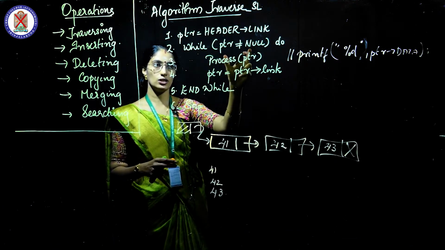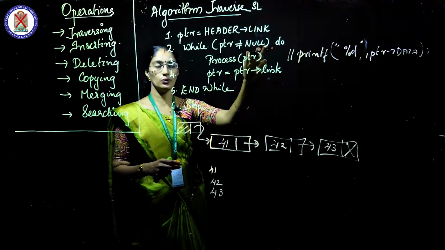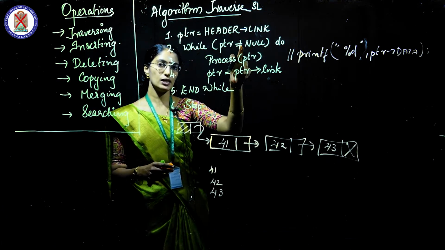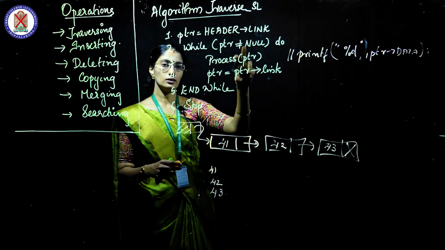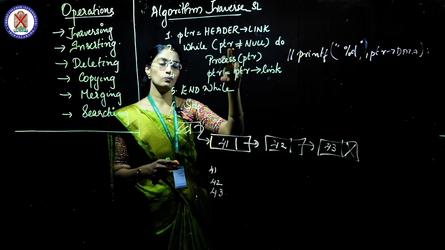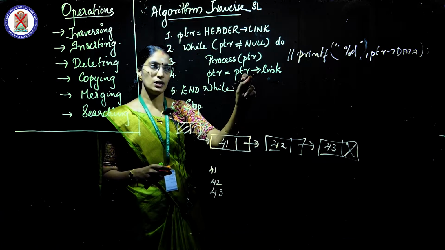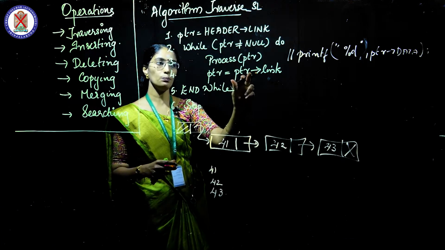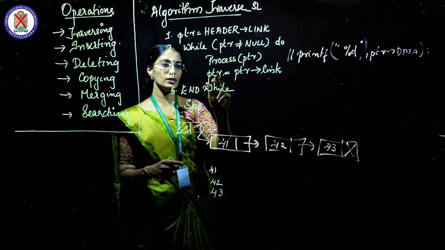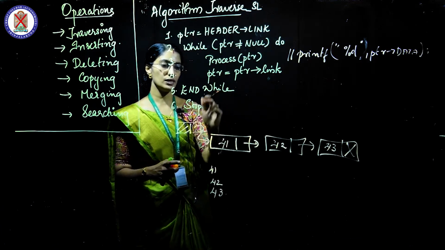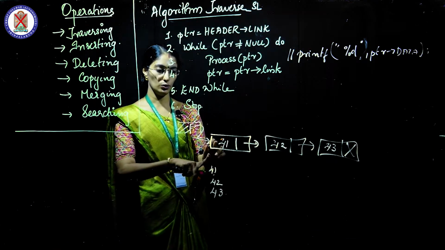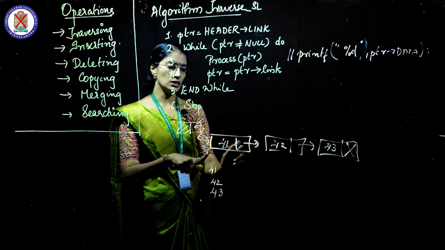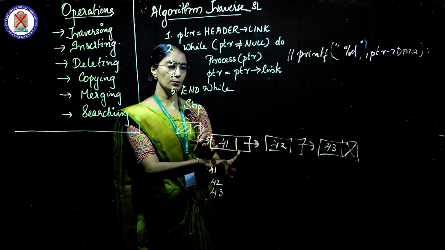So what is the condition here? PTR is not equal to null. So when PTR becomes null, this loop stops. What is happening here for the incrementing statement is this: PTR is equal to PTR of link. That is, in first running of this loop, you have PTR as the address of the first node, right? Now you are giving this node's link part again to the variable PTR.